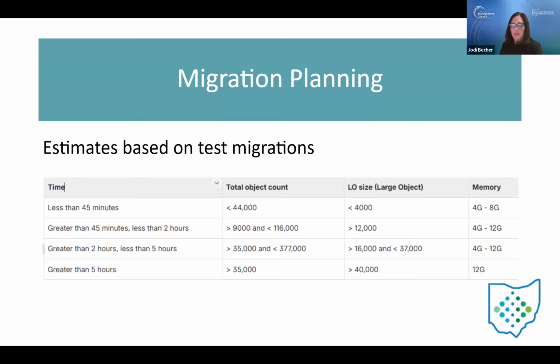I would say from the testing that we've done here, the vast majority of them are going to fall in your less than 5 hours for sure. Probably most of them 2 hours or less. We've really made huge improvements with regard to how long the migrations are taking.